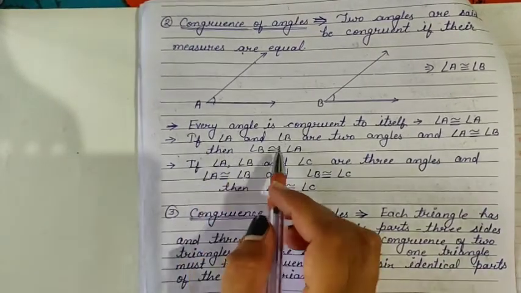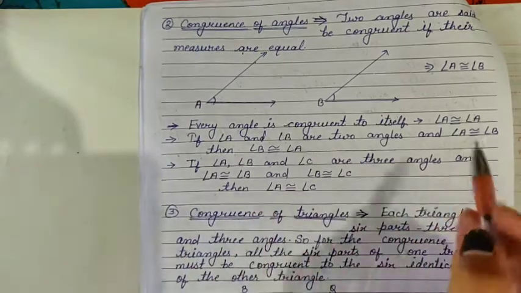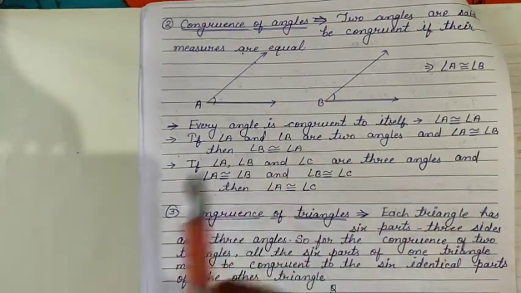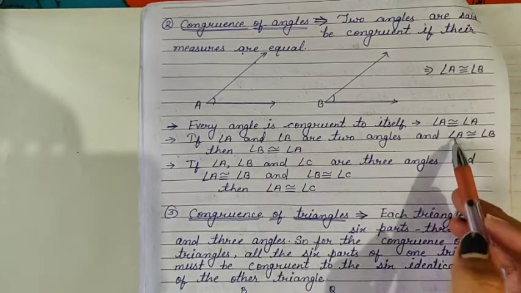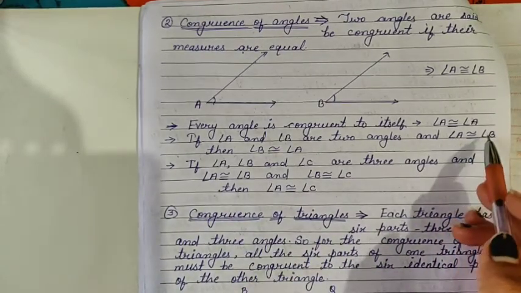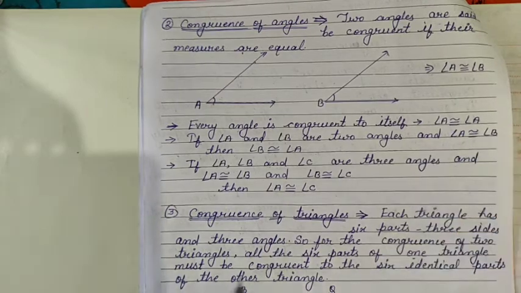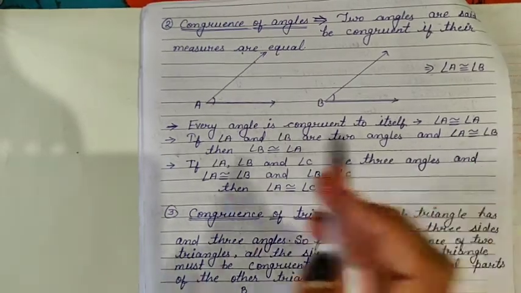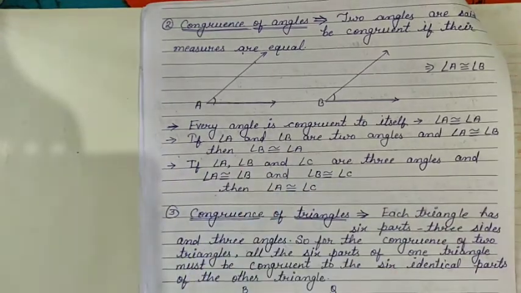If angle A and angle B are two angles and angle A is congruent to angle B, then angle B is congruent to angle A. If this is 60 degrees and this is also 60 degrees, and this is congruent to this, then this must be congruent to this.